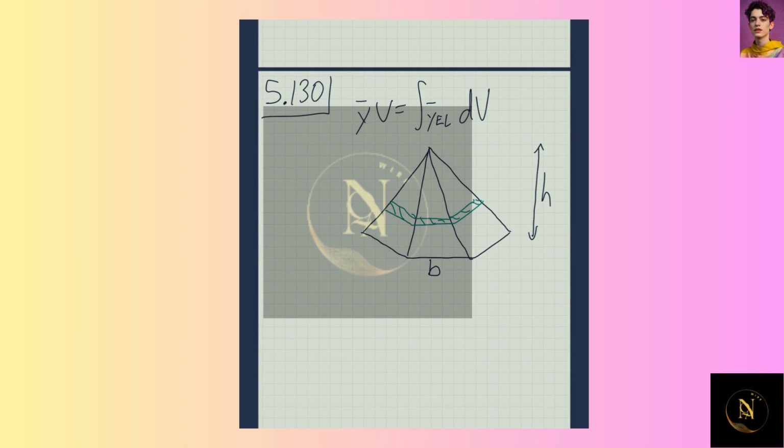Where we have each side of the base of the pyramid I'll call B. We also have the height.